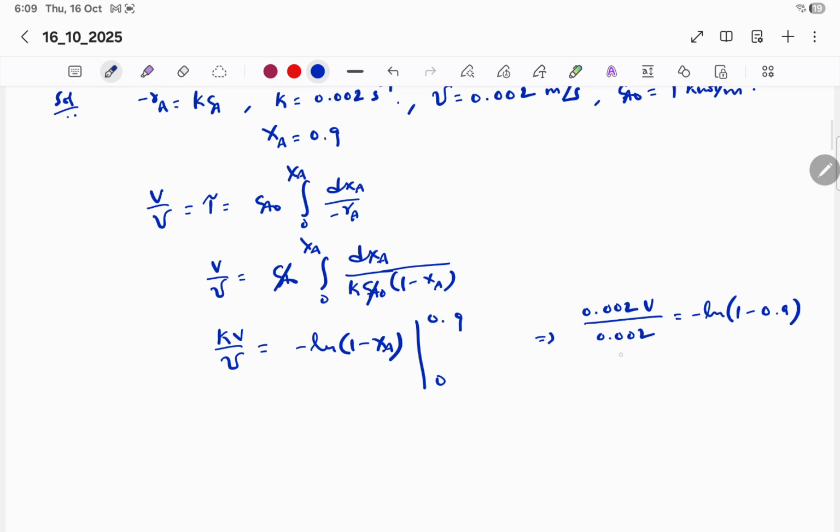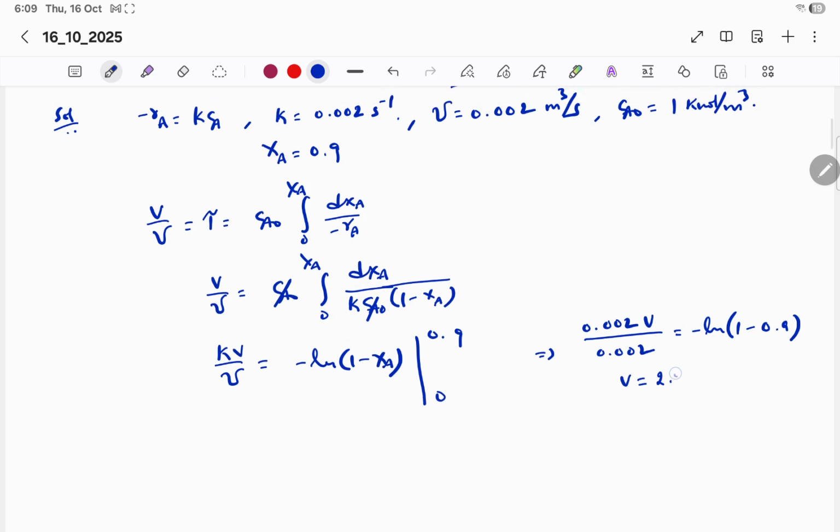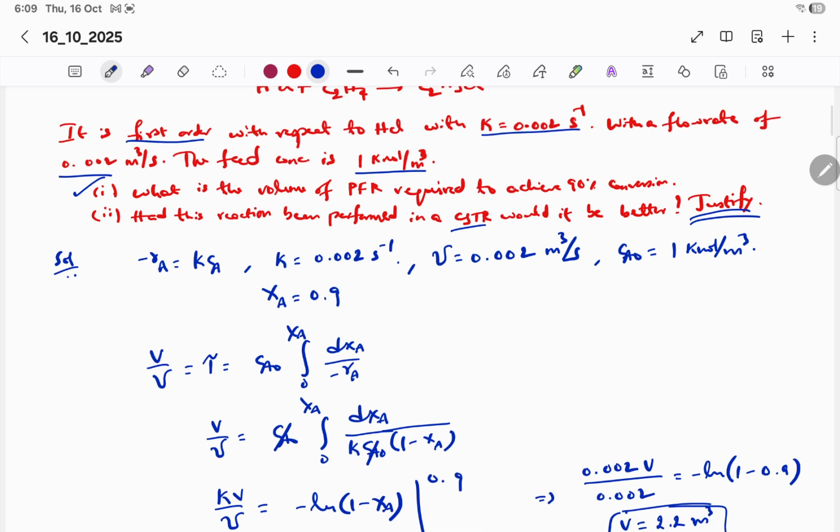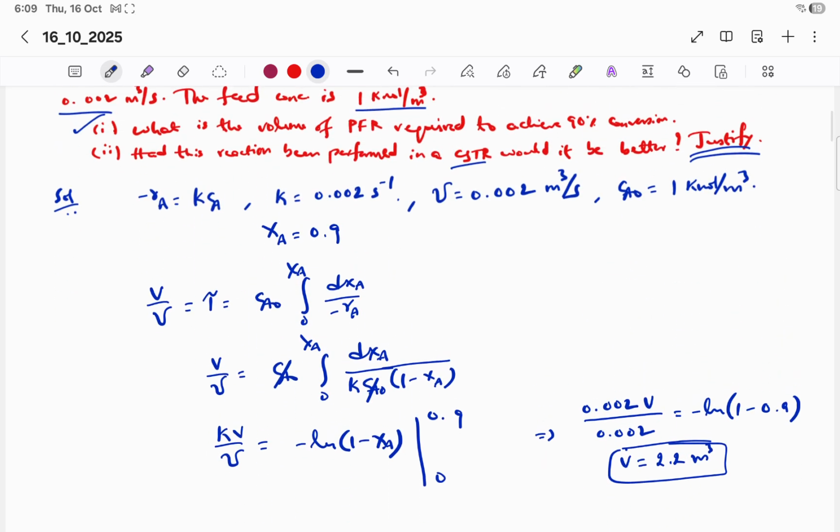If we solve, we will get the volume 2.2 meter cube. Now we need to do the calculation for CSTR also, and justify whether the volume occupied will be more in the PFR or the CSTR.